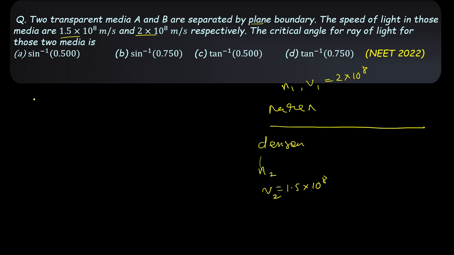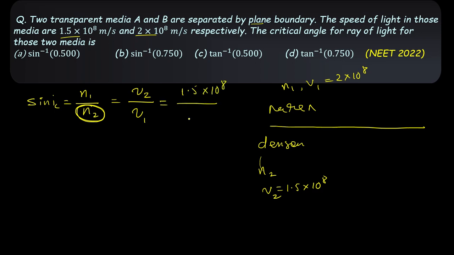I have to find the critical angle. So the critical angle's formula is sine of the critical angle equal to n1 by n2, the refractive index of the rarer medium divided by the refractive index of the denser medium. In the denominator we have to write the refractive index of the denser medium. So this is equal to velocity of denser medium by velocity of rarer medium, which is 1.5 into 10 power 8 divided by 2 into 10 power 8.